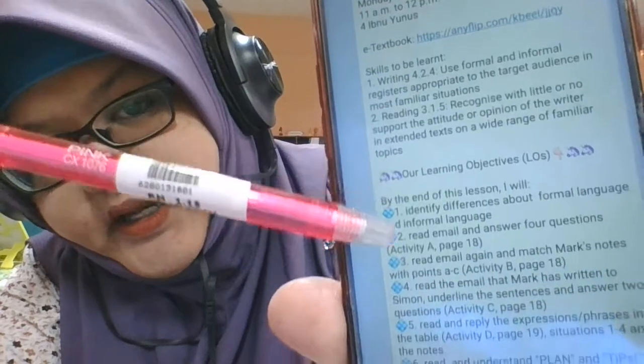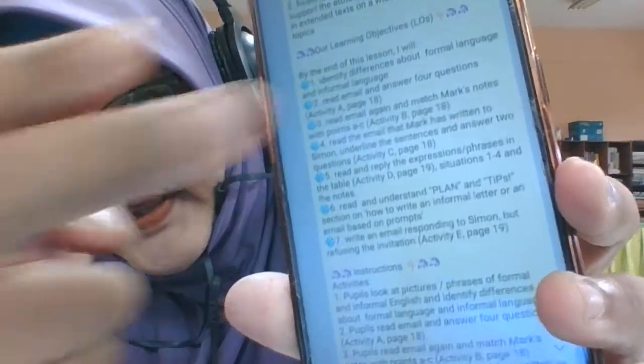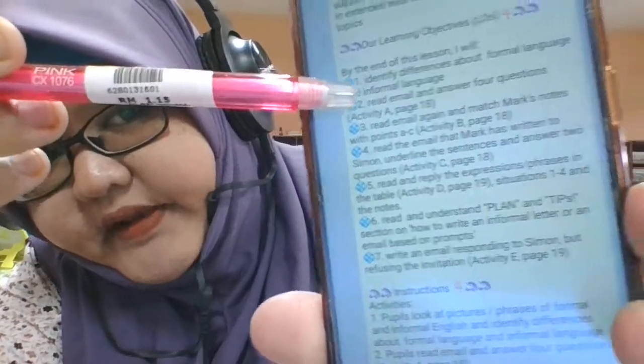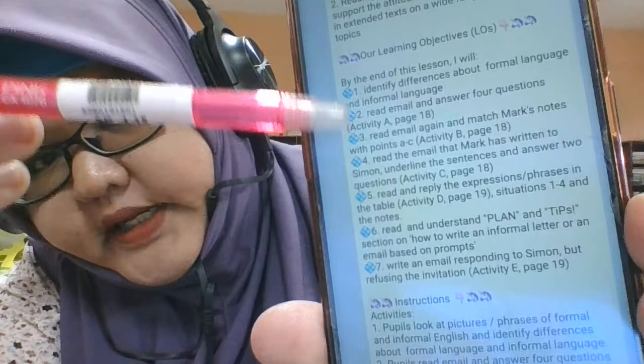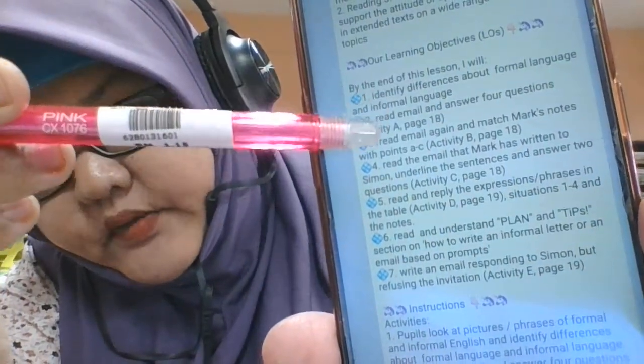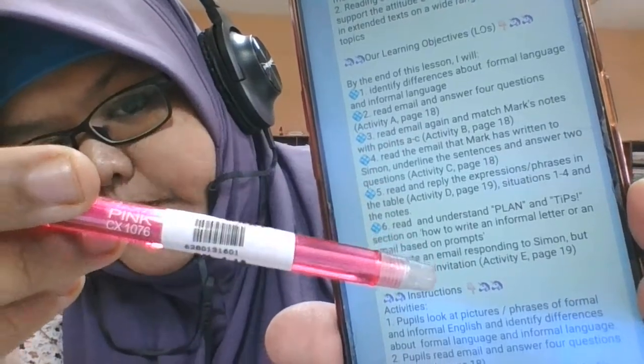Our learning objectives you can look at here. These are all the things that you should do for today's lesson. There are 5 things that you should do. I compiled each of these with activity A and so on.